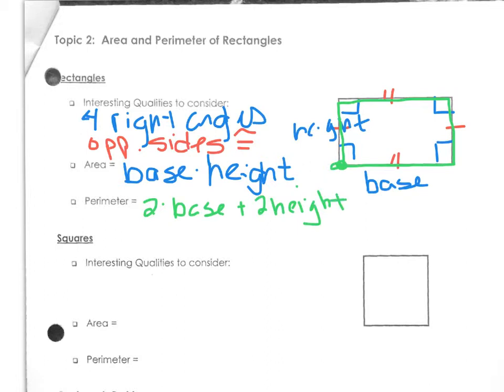So squares, remember squares are a type of rectangle, so they have all right angles as well. But also, every side is the same because it's also a type of rhombus. So I'm going to say that squares have 4 right angles, as well as 4 congruent sides.